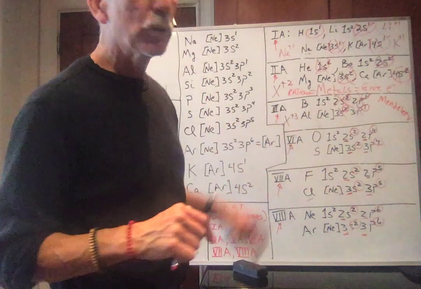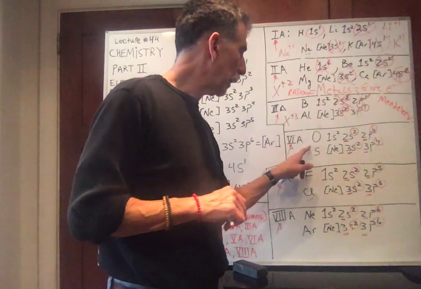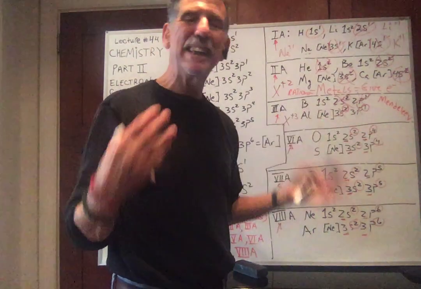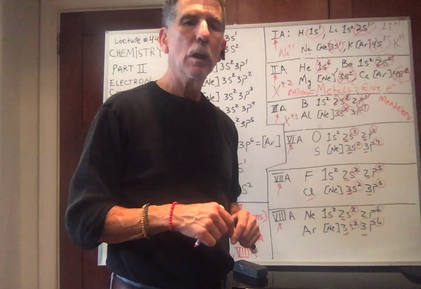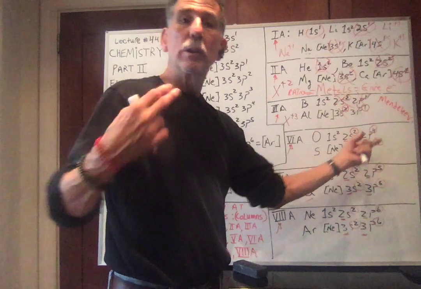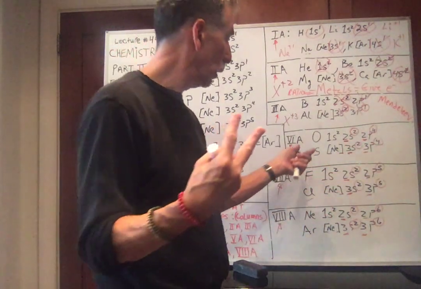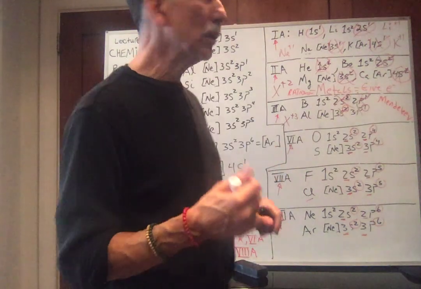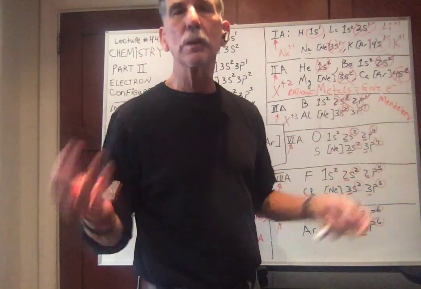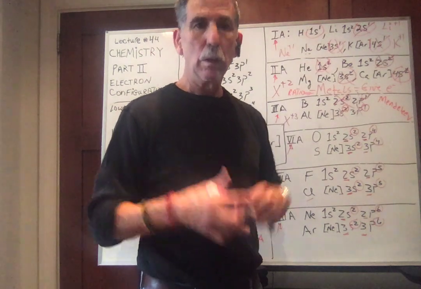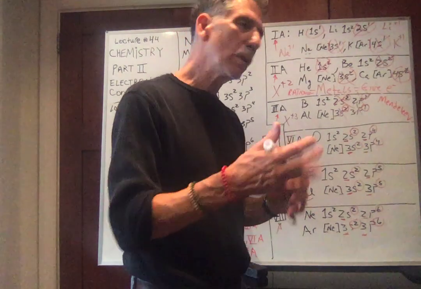Let's jump to group 6A, something like oxygen. Oxygen has 2 plus 4, so 6 electrons. Oxygen could either lose 6 or gain 2 electrons to make the octet and complete the top floor. What would you think oxygen wants to do? Lose 6 electrons, or gain 2? If it gains 2 electrons, it has 2 more electrons than protons.